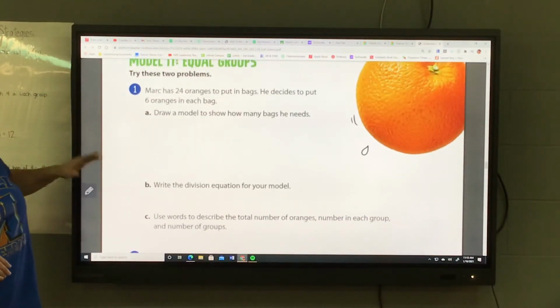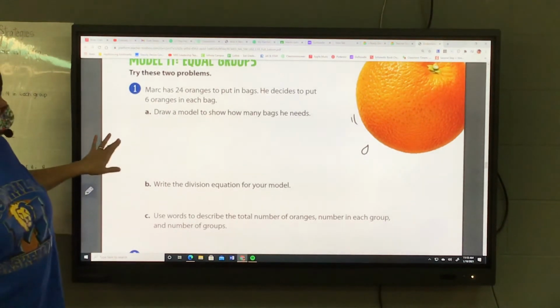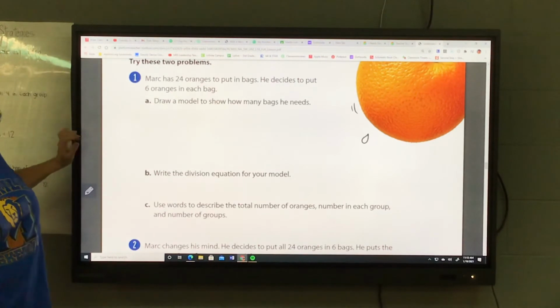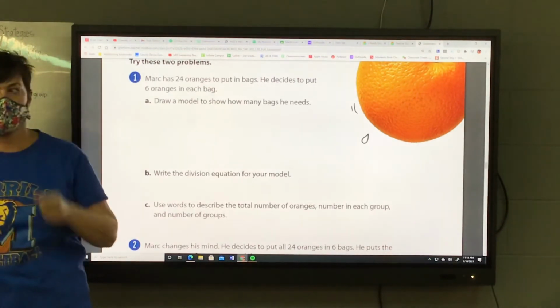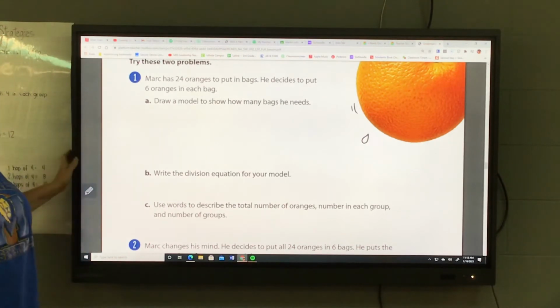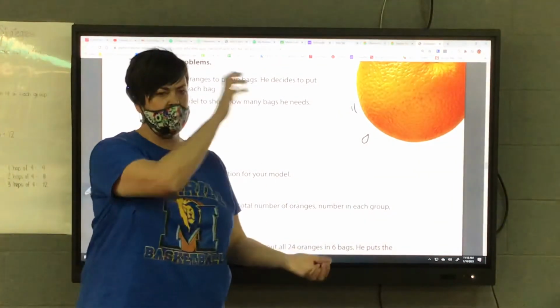Let's take a look at the orange page. Mark has 24 oranges to put in bags. He decides to put 6 oranges in each bag.